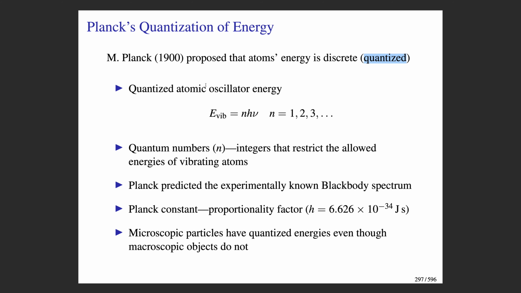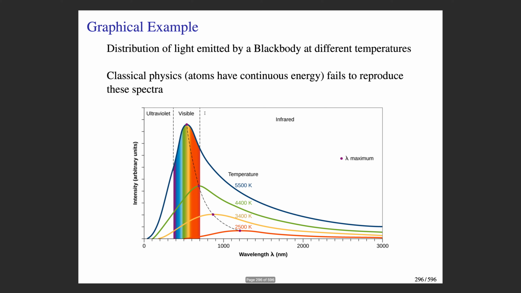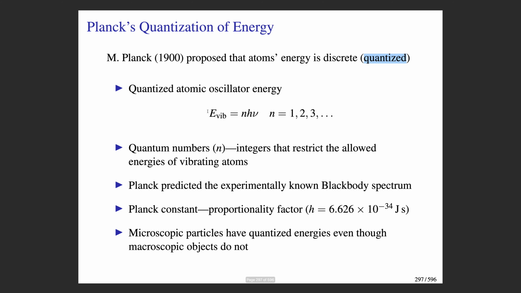And so he proposed a model for how the energy of the atomic oscillators is related to the frequency of oscillation. He proposed that they are an integer multiple of the frequencies, and h is a proportionality factor that he introduced that converts you from units of frequency to units of energy.